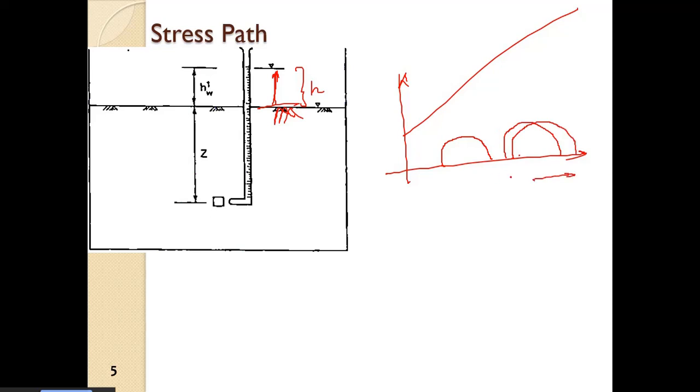So it will go to the right. Whereas the effective stress will significantly decrease. All right, so it will move to the left.